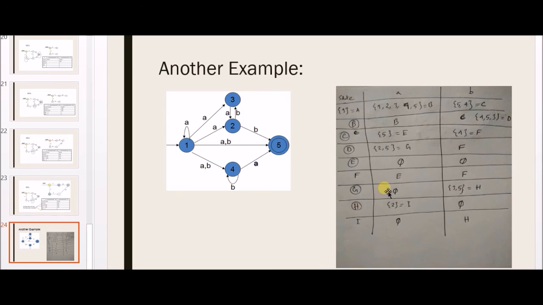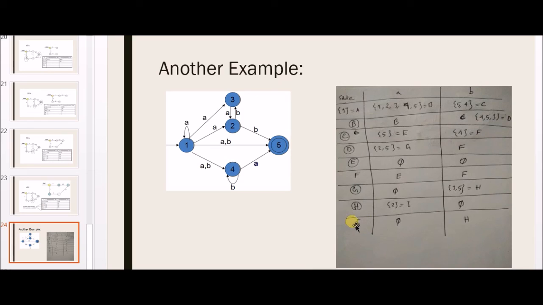From H, if I find transition small a, I will be able to go to another new state which is 2, and I name this state I. For alphabet B, I will not be able to go to any state.